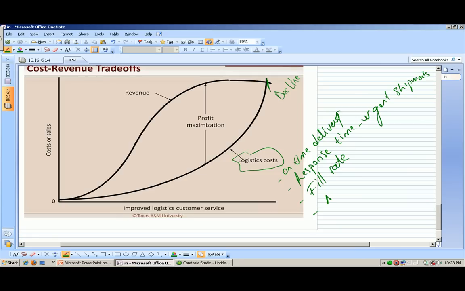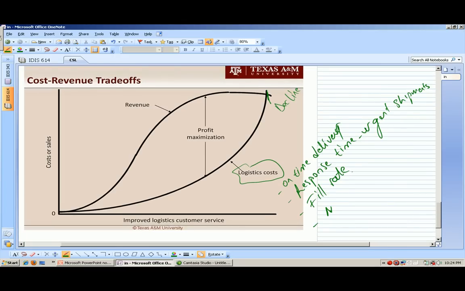I'm just trying to find another dimension of customer service level, but I'm going to skip that one. When I remember, I'll come back to it. But usually on-time delivery, response rate and fill rate are very well established customer service levels. And in terms of logistics inventory, we will focus on fill rate, which is easily measurable.